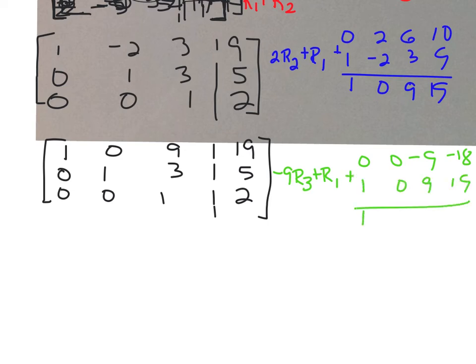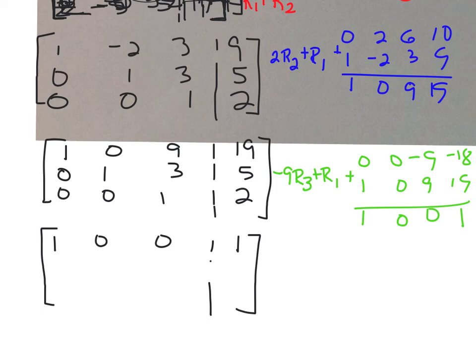So I get 1, 0, 0, 1. So now that becomes row 1. So row 1 is 1, 0, 0, 1, and then I have 0, 1, 3, 5, and 0, 0, 1, and 2.